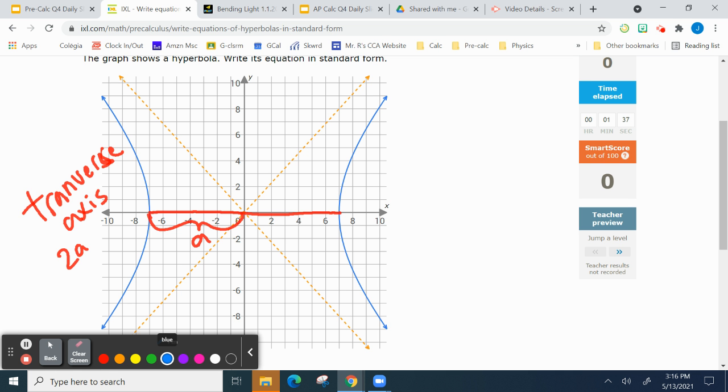And then we need to draw the box. We're going to go like this and draw a line tangent to the focus. Excuse me, I take it back. Tangent to the vertices, to each vertex, right? There's a vertex there and a vertex there.